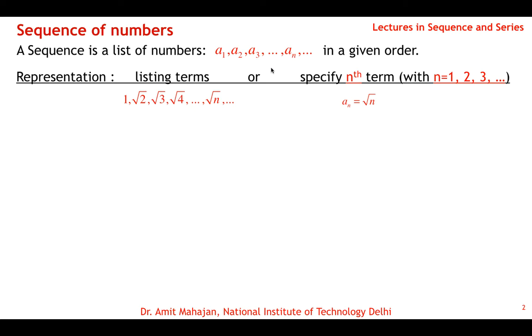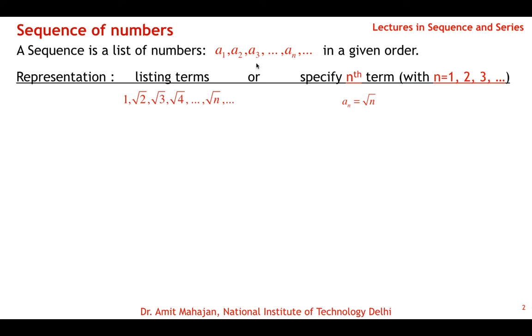These a1, a2, a3 are called the elements of the sequence, and the same element can appear multiple times at different positions in the sequence.